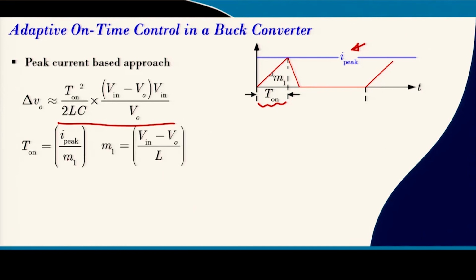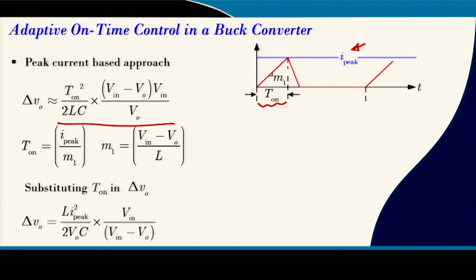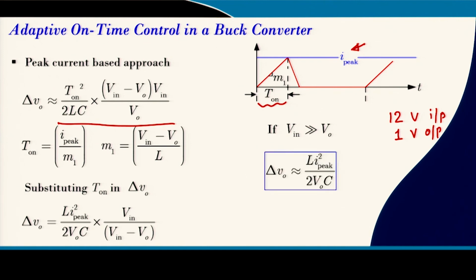If you substitute for a buck converter, we will get that delta V0 is this, and since we are talking about 12 volt input and 1 volt output, our input is much higher than the output. So, this expression will be almost insensitive to input voltage change.